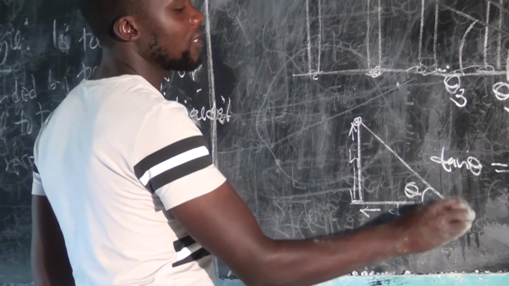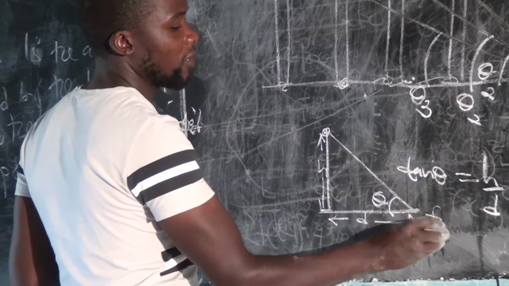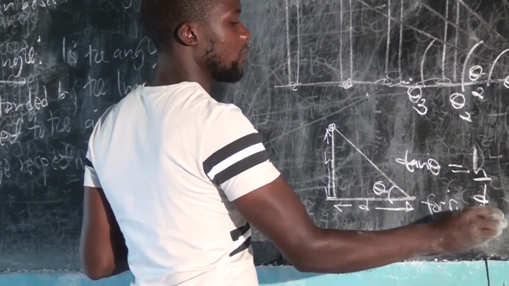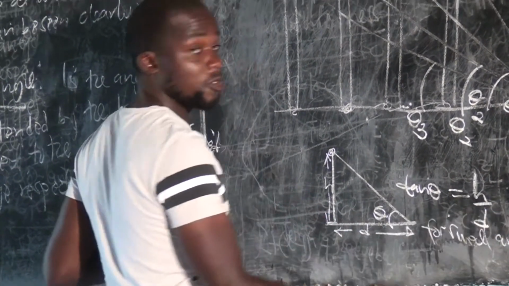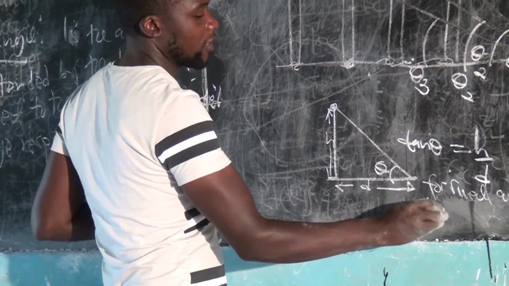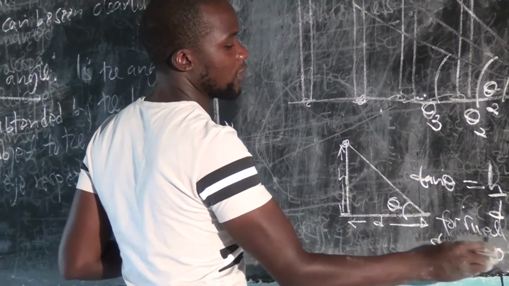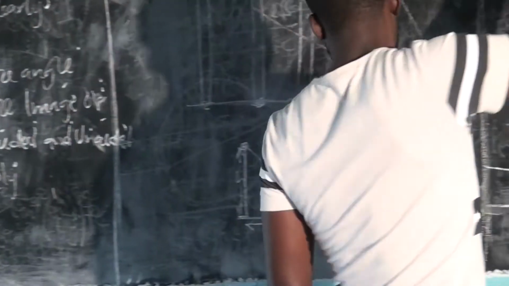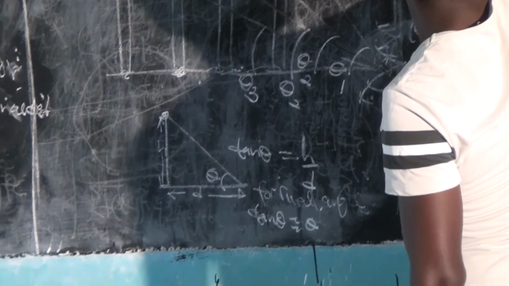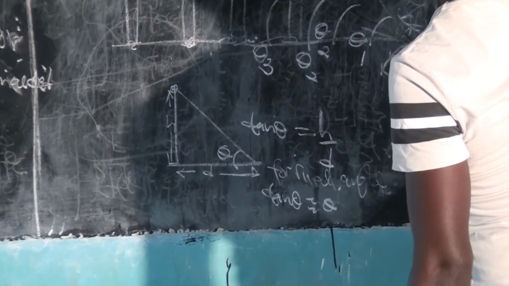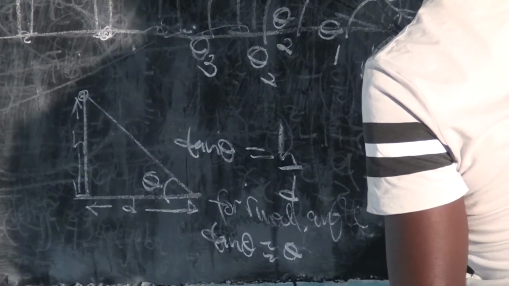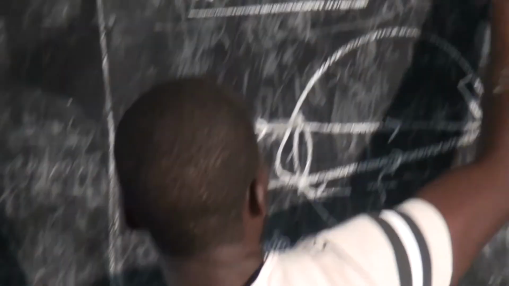For small angles, tan of theta approximates to theta, meaning theta equals h over d, so h equals d theta.